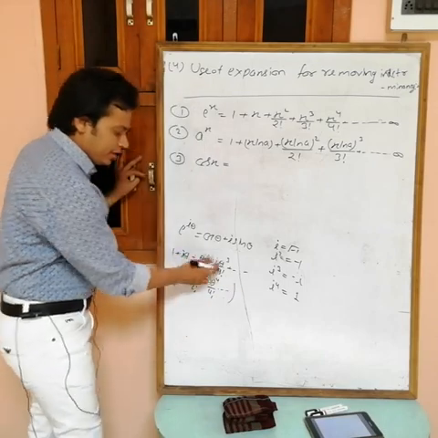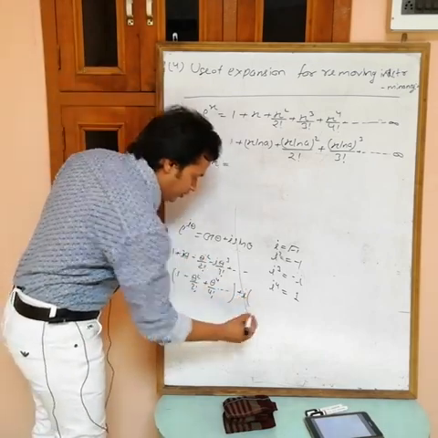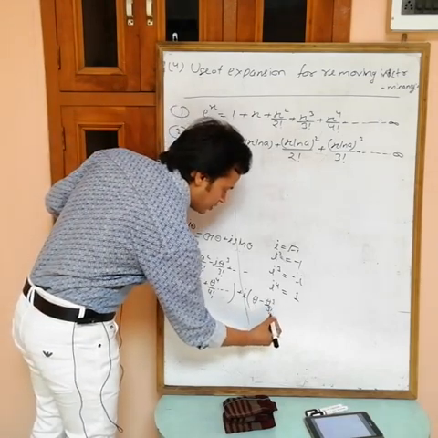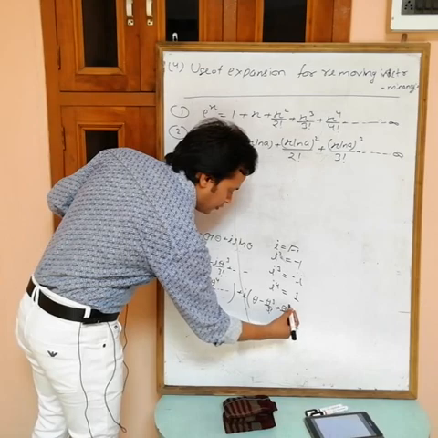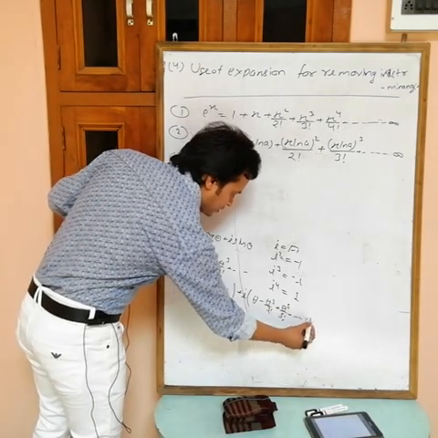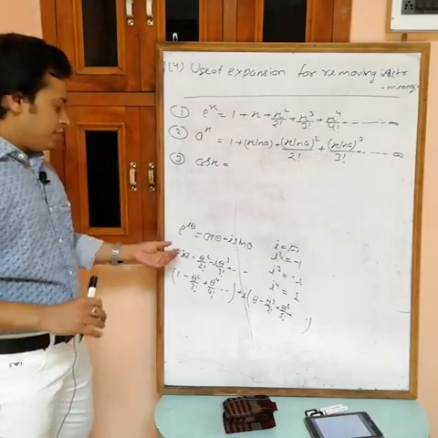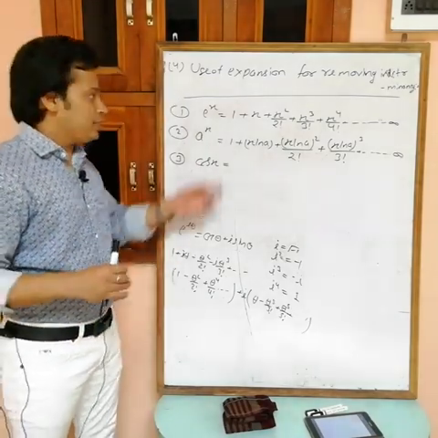In the remaining I can take iota common, and you will get theta minus theta cube by 3 factorial plus theta power 5 by 5 factorial, with alternate sign. So this is the value of e power iota theta.